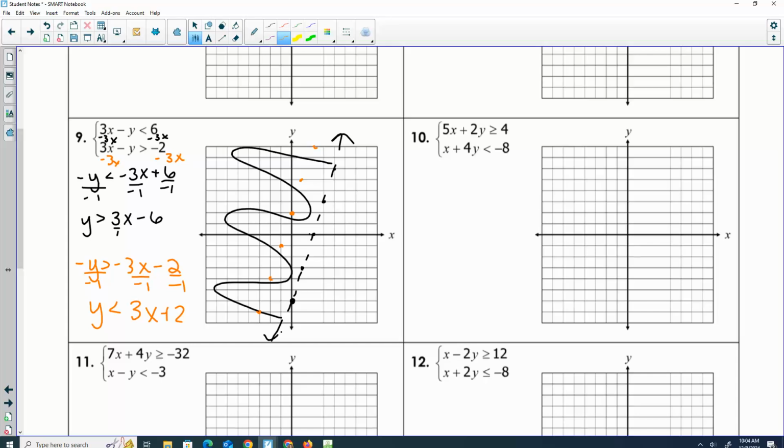Again, no equal to, so dashed line. Where does this one tell me to shade? Less than says below my y-intercept, so I'm shading this. So what's the overlap? In between. So that little region in between is our solution.